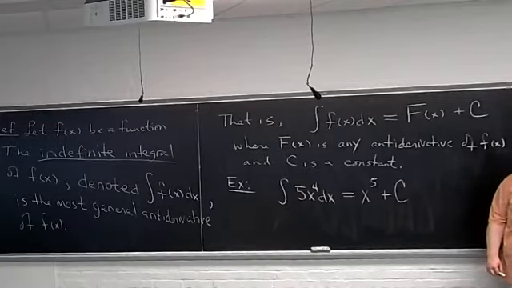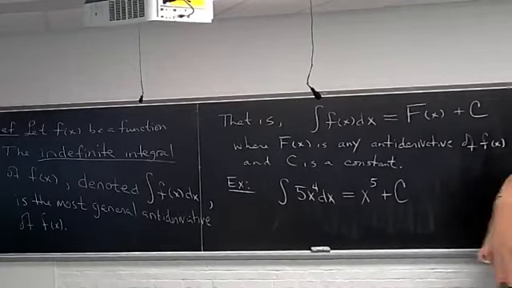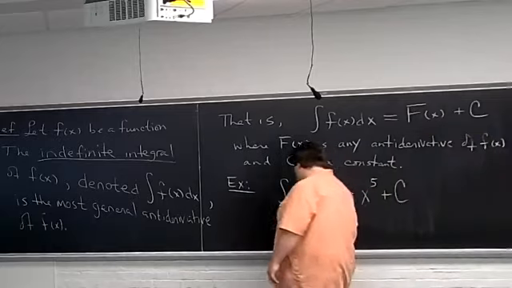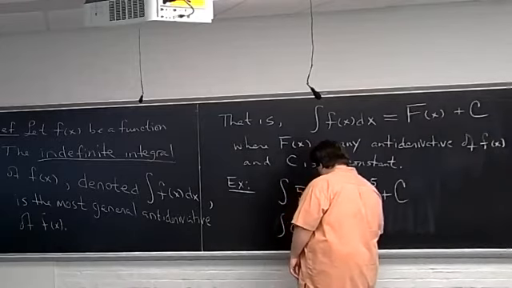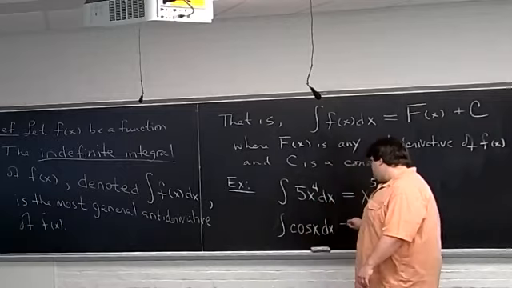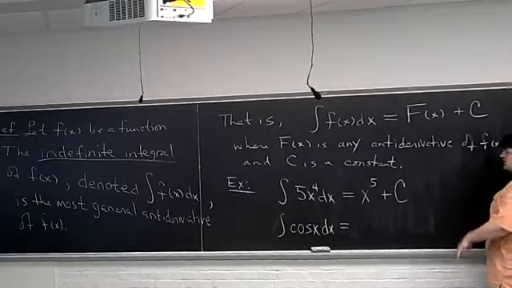Okay. Let's do one more and then we'll give some indefinite integral rules. My notes are out of order. In order. Let's do one more. Let's do one with trig. Just like with antiderivatives in this first one, we could check our work by taking the derivative of this right side.